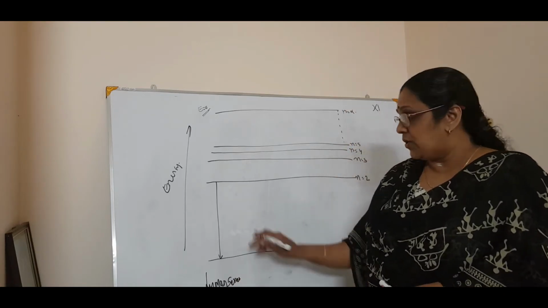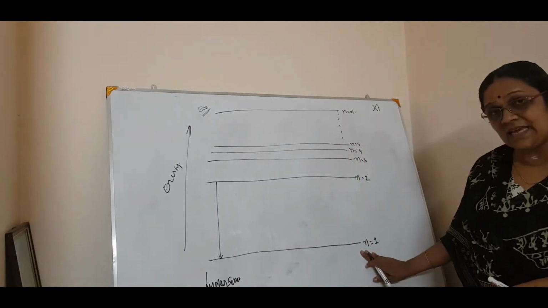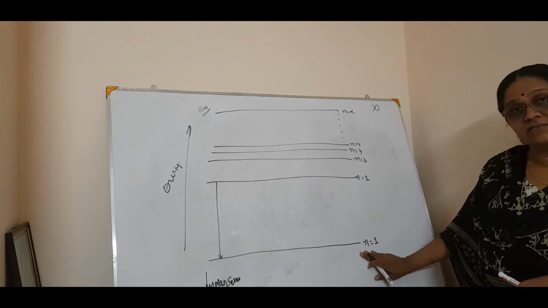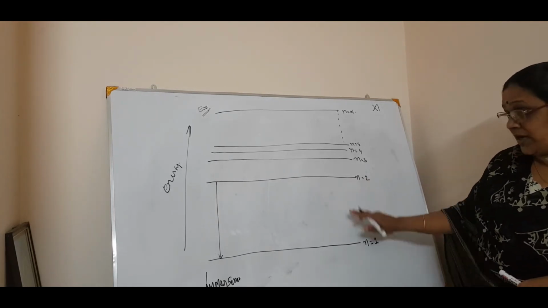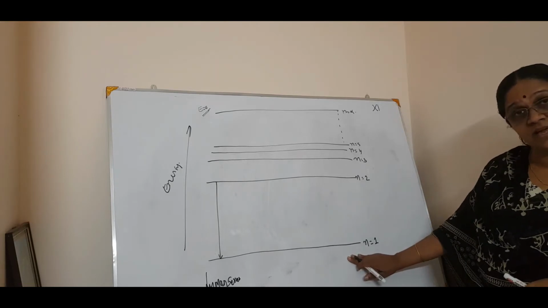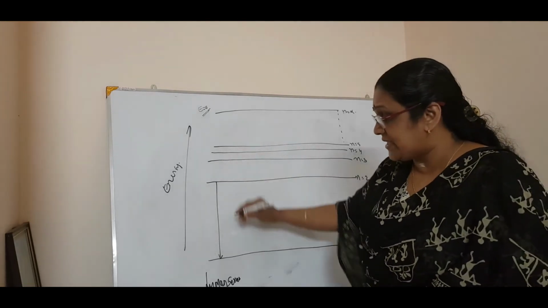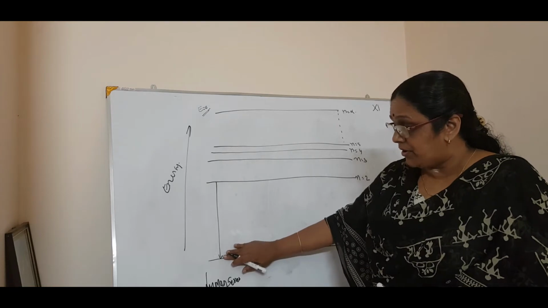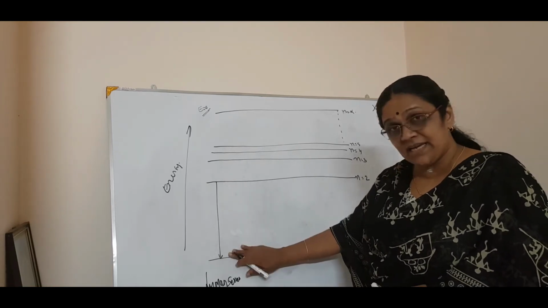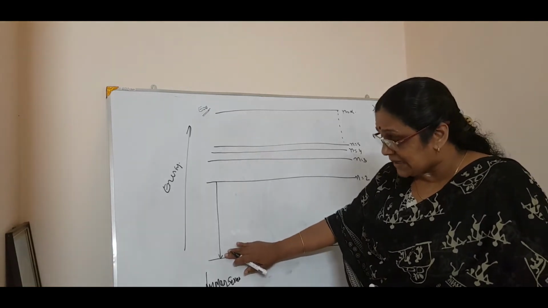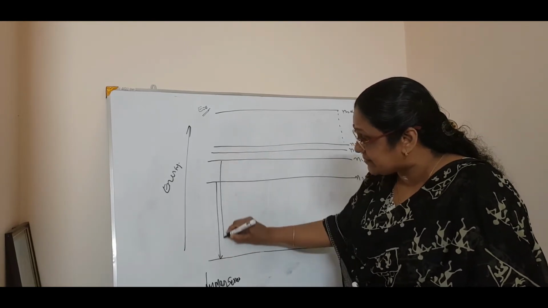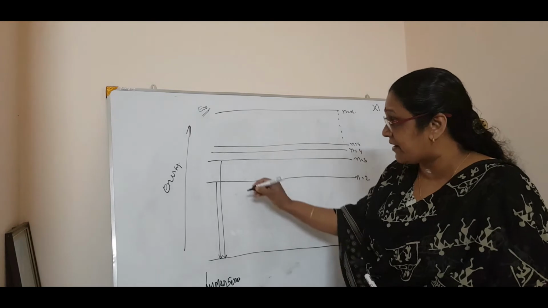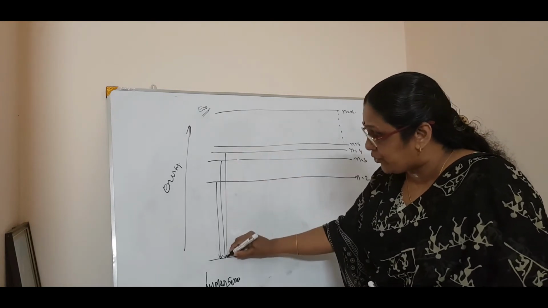So for the Lyman series, n is equal to 1. From n equal to 2, it can come to n equal to 1. If the energy is absorbed and the electron goes up, it will come back down by emitting this difference in energy. That is emission spectra. If it is 3, it can come to 1.